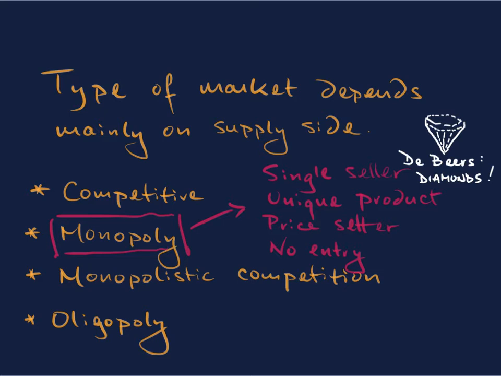The market for diamonds is, in fact, a good example of a monopoly market. For many, many years, the diamond market has been controlled essentially by one business. The De Beers Corporation has mined and sold about 80% of the diamonds in the world. So it has a near monopoly on the diamond industry.